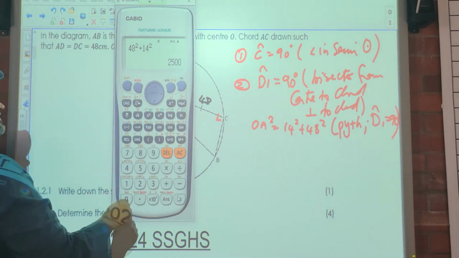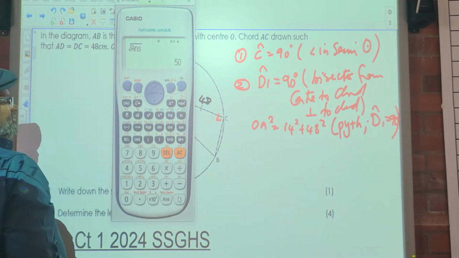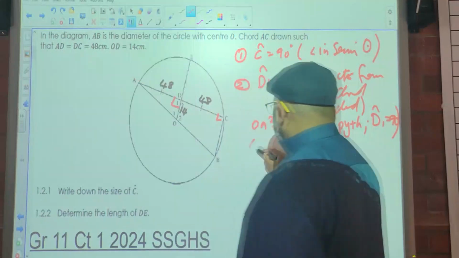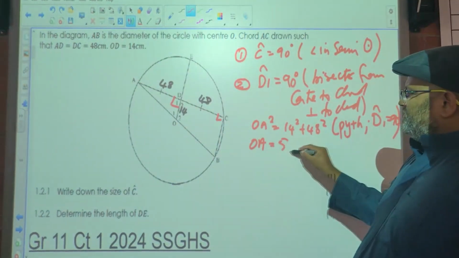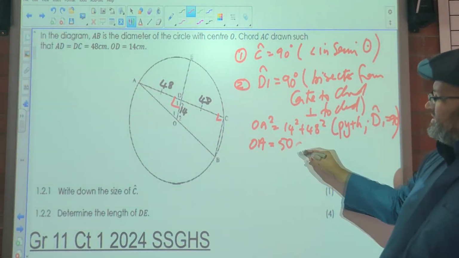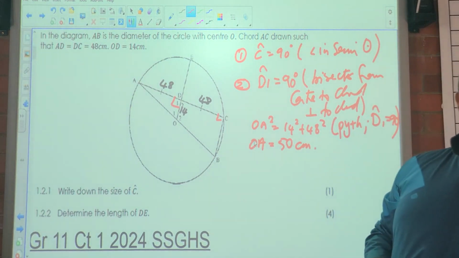That gives you 2,500, the square root thereof gives you 50. So OA is going to be 50 units, centimeters in this case.